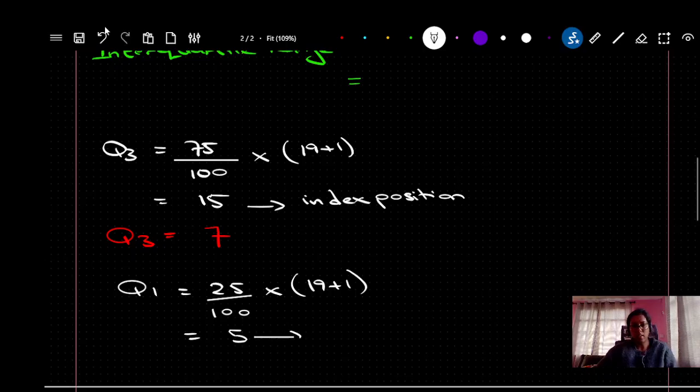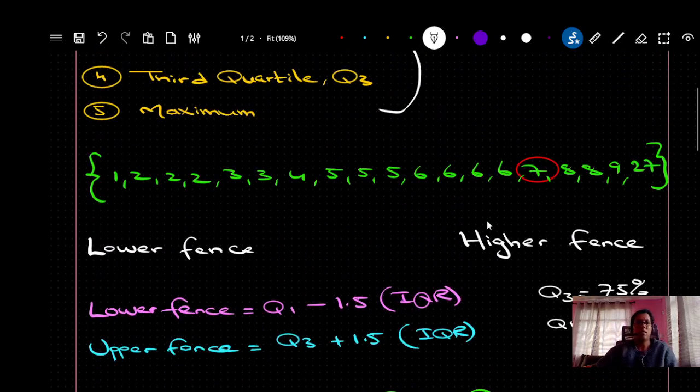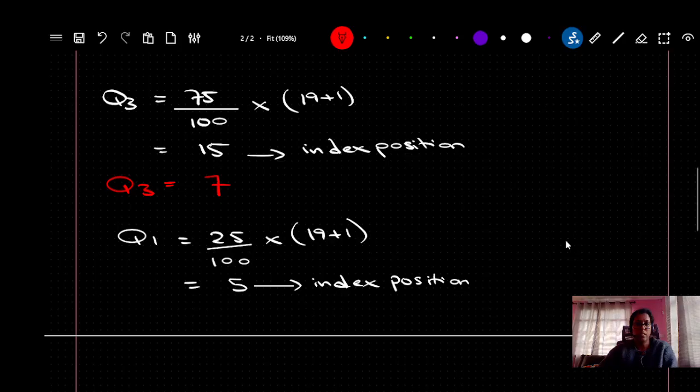So here is the index position. Let us see index position 5 on the dataset: 1, 2, 3, 4, 5. At index 5 we have number 3. So our Q1 is number 3. Good, this is how you find out Q1 and Q3.